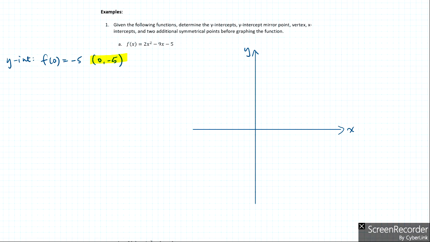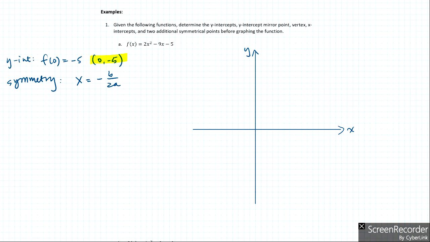But in order to find the mirror point, we actually need to know the axis of symmetry. Where is our mirror line? To get there, we can use what we know about the x-coordinate of the vertex, or the equation of the line of symmetry, where x is equal to -b/2a.